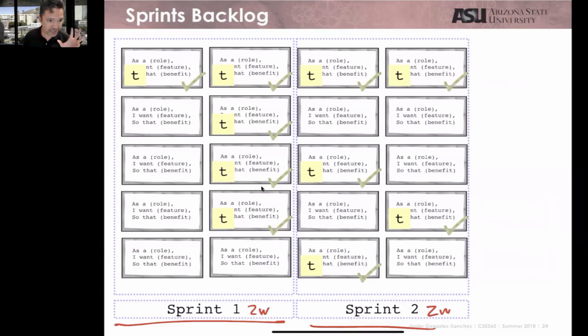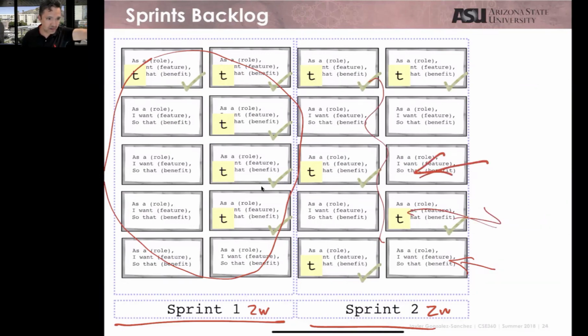Obviously, the only one that is important is the sprint backlog of the immediate sprint. The rest is just something there for the future, because this can still change. You can add things, remove things, change the priorities, whatever.